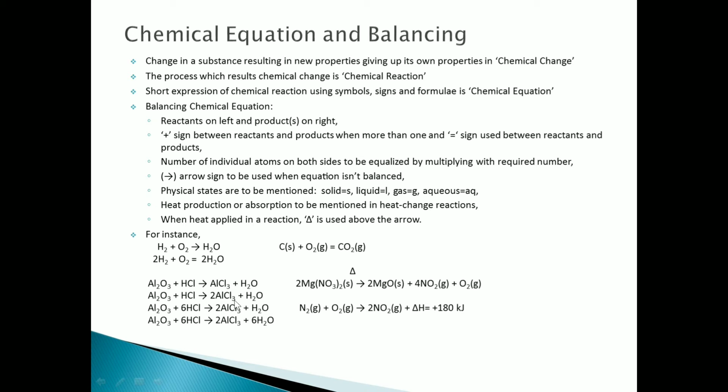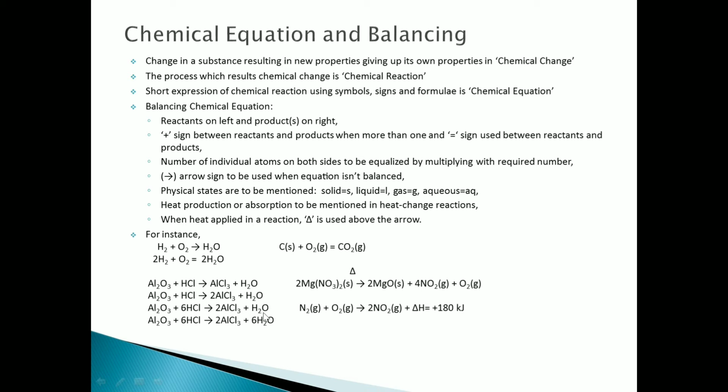So now we should use a 6, that is 6 is to be multiplied with hydrochloric acid, so that it results in 6 chlorine atoms. Now chlorine is balanced on both sides, but we can see that there are 6 hydrogen atoms on the reactant side, but on the product side there are only 2 hydrogen atoms.